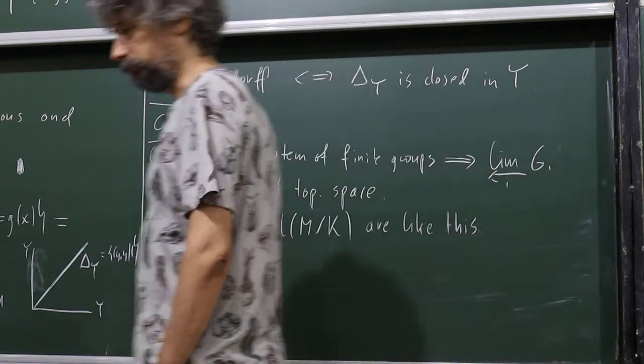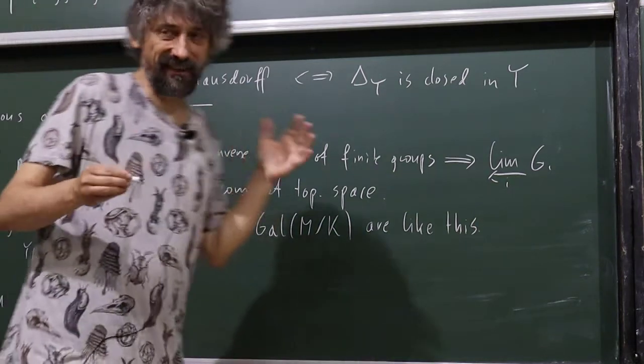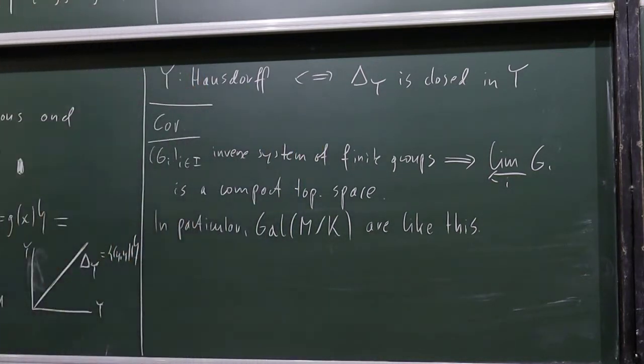On top of groups they become compact topological spaces, a bit strange ones, like Cantor sets, you see, there is nothing connected inside, they are totally disconnected. They have a basis of clopen subsets, so they are not like the spaces we like, but still topology is useful. It's not something which we are used to, but it is still useful.